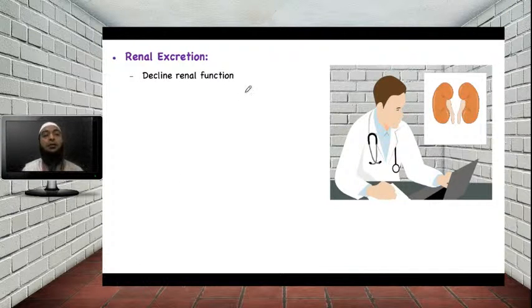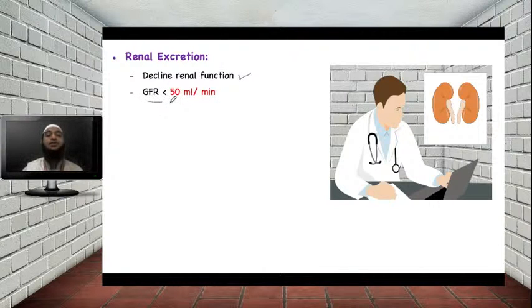The next part of pharmacokinetics is renal excretion. Yes, there is also a decrease in renal function. Declining renal function is seen in elderly patients, and it is easily diagnosed by studying the glomerular filtration rate.